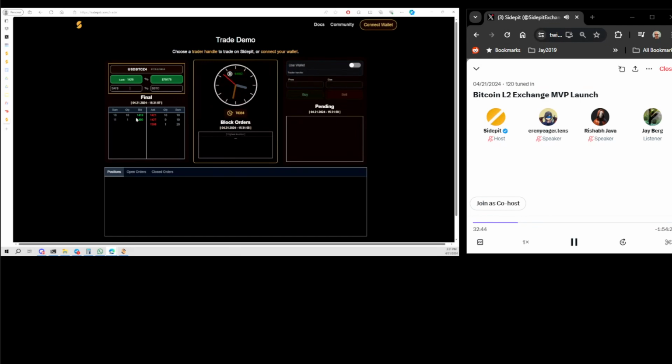So the best bid is you want to sell. Put size of 1, and then decide what price you want to sell at. Let's say you want to sell at 70,400. Underneath last, there's a little calculator next to BTC.